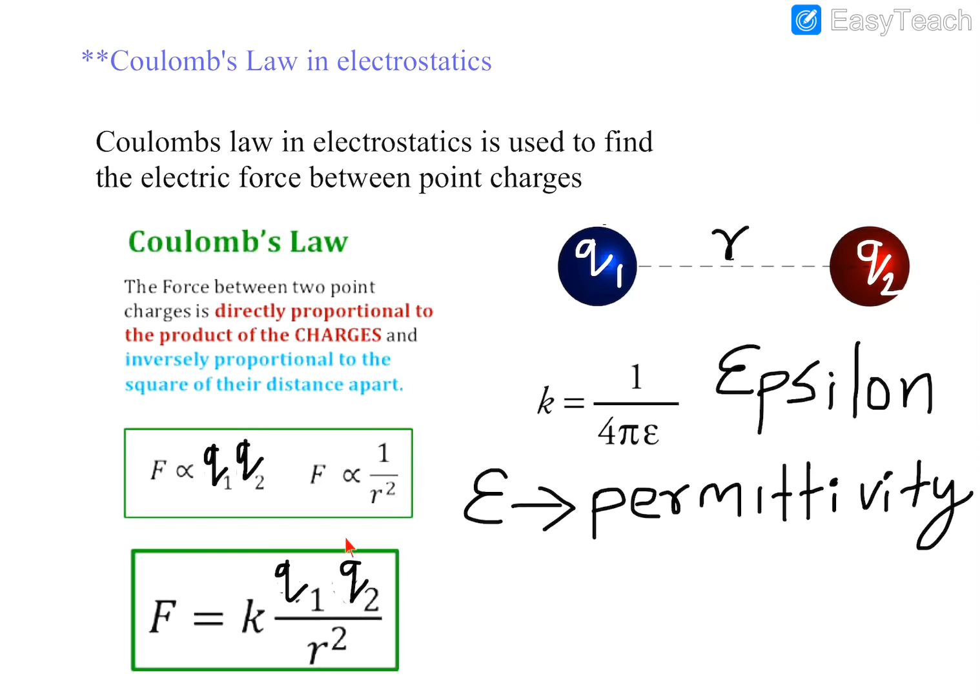Now from this expression you can make some generalizations. First one, if Q1 and Q2, the point charges, are having high values, then you can see Q1 and Q2 are in the numerator and you are multiplying Q1 and Q2.